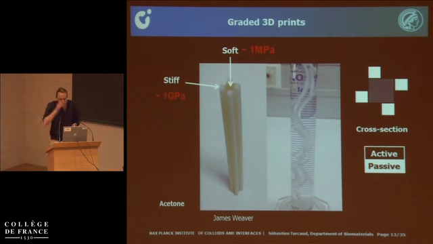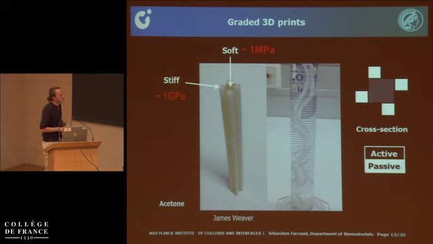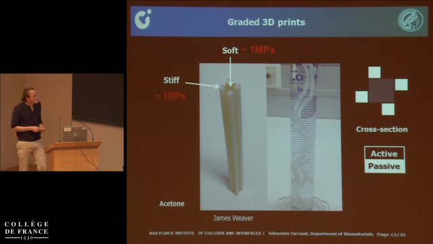Then we wanted to see if this is only on the computer, or if it works also in reality. Luckily, I have the chance to collaborate with James Weaver from Harvard, who is able to print multi-materials. In this case, he's able to print materials from 1 megapascal to 1 gigapascal, and so we decided to print these twisters.